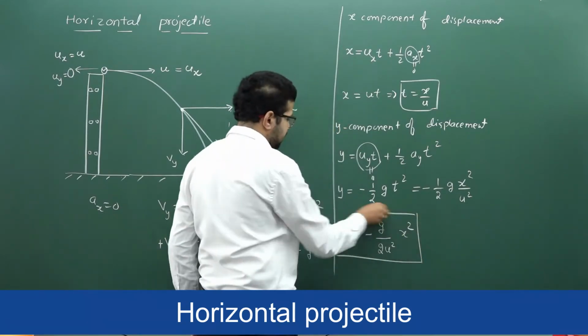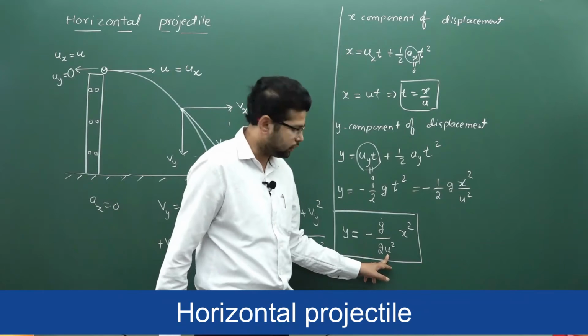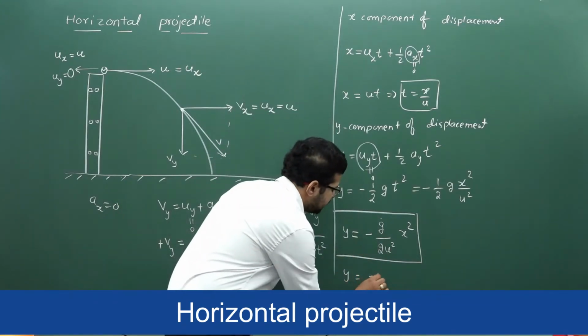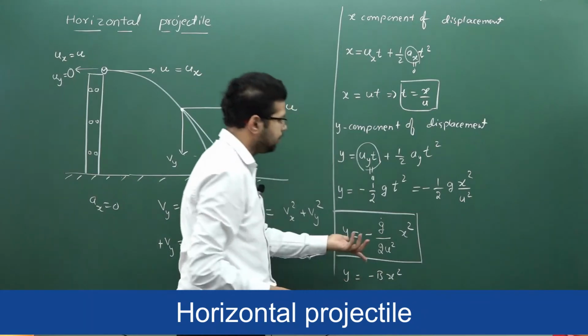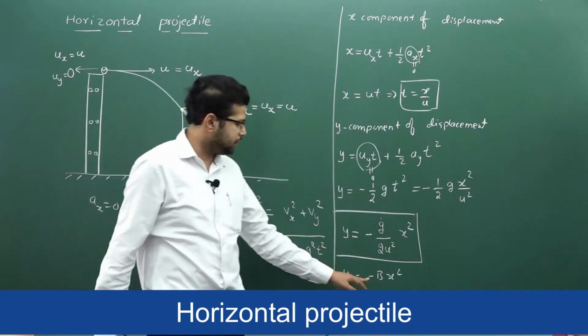If you observe this equation, g is a constant, 2 is a constant, u is also constant. So this equation is in the form y equals minus bx square. So this is a parabola, an inverted parabola, because of this minus symbol.